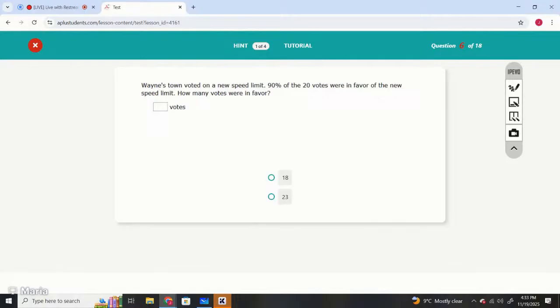Wayne's town voted on a new speed limit. 90% of the 20 votes were in favor of the new speed limit.